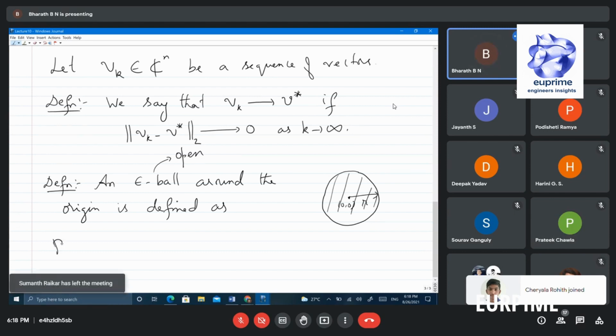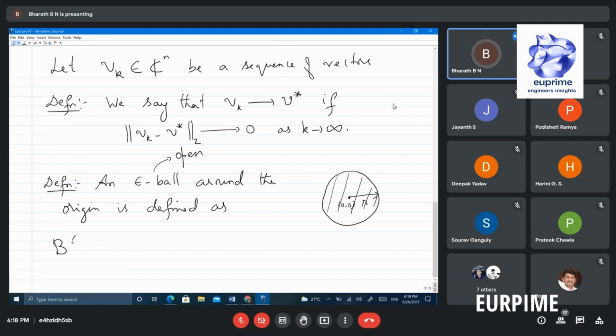I'll write it as centered around the origin, 0, with radius epsilon. It is all those points x in Cn, the general vector space, such that the distance from x to the origin, the norm of x minus 0, is less than epsilon. I have to look at an open ball, which means all the boundary points should be left out. So it should be strictly less than epsilon. Do you agree with this?